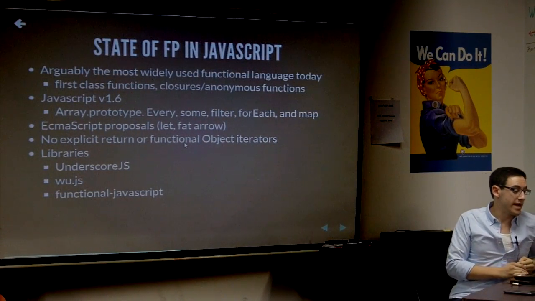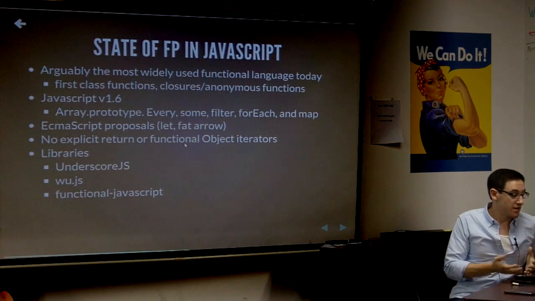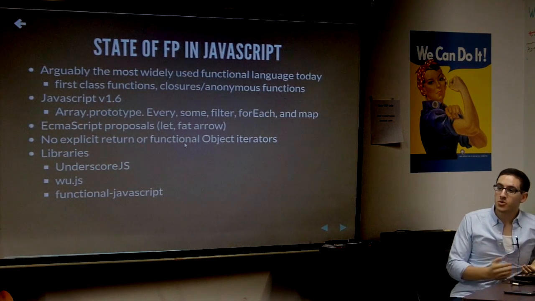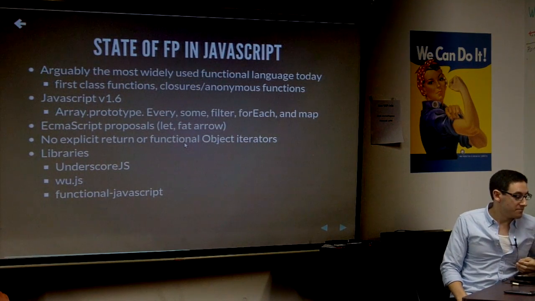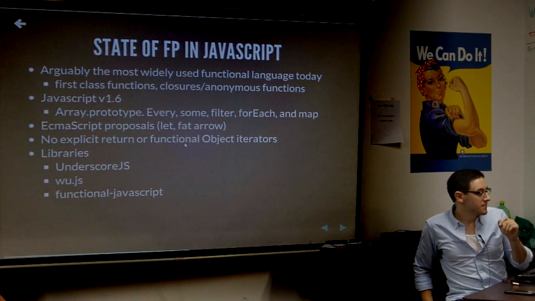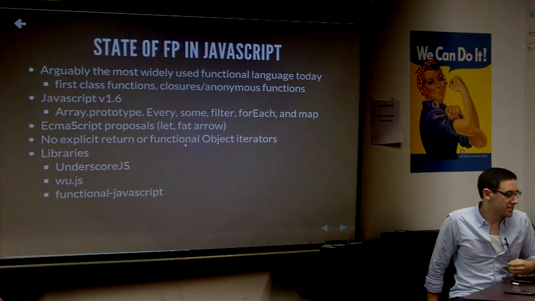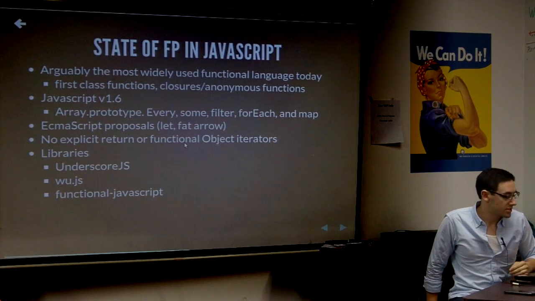So in JavaScript right now, JavaScript is arguably the largest functional programming language around, just because it's one of the biggest programming languages. The things that make it functional are that it has first-class functions, closures, and anonymous functions.